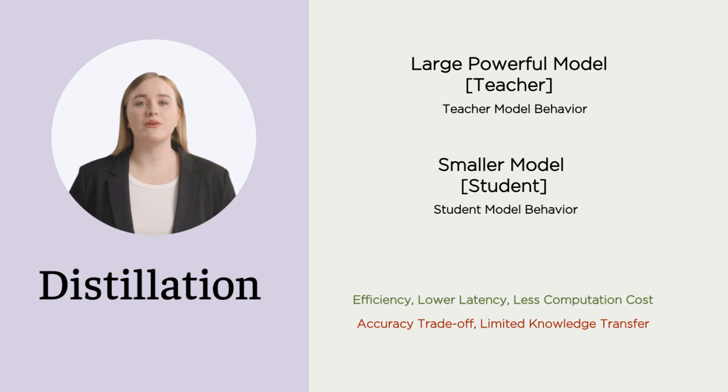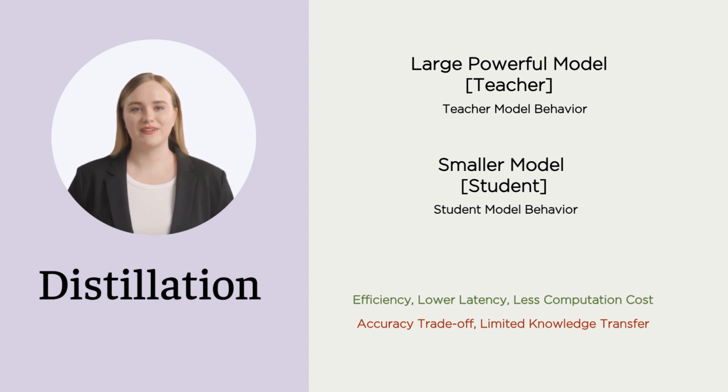A smaller model, student, is trained to mimic the output, logits, of the larger model, essentially learning from the teacher's predictions, often referred to as knowledge distillation. The student model tries to approximate the teacher model's behavior, retaining much of its accuracy while requiring fewer resources.